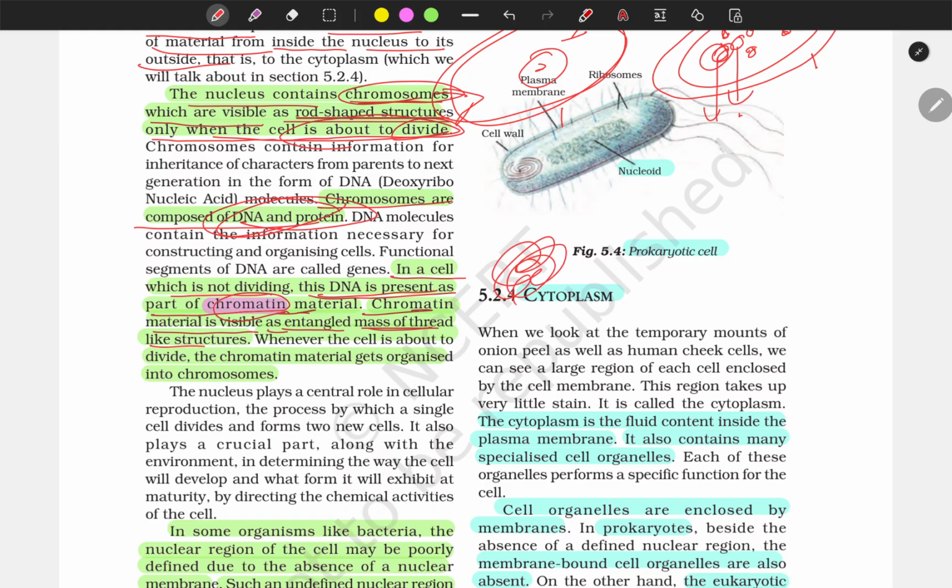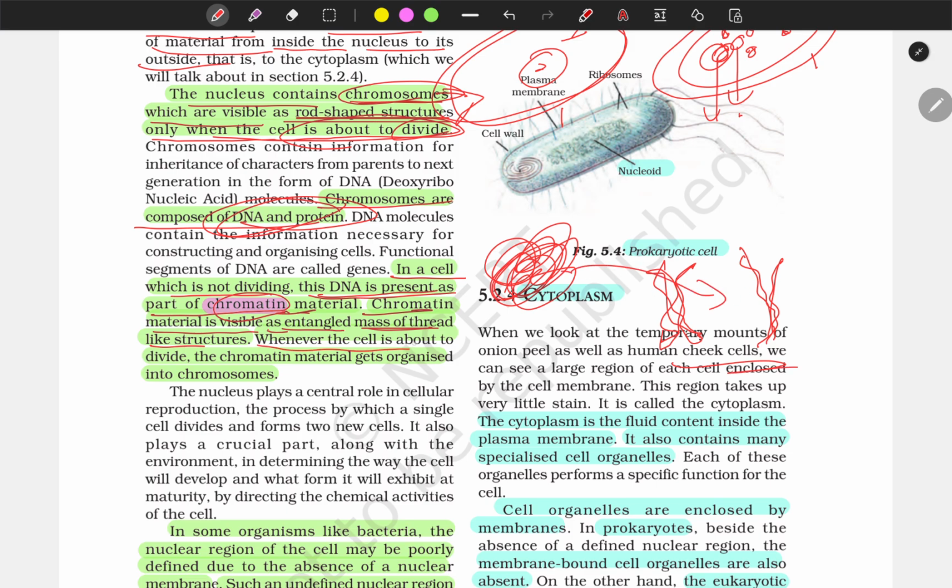So chromatin is just like this, and when the cell divides, it separates. It goes this way, like an X, and forms chromosome shapes. Chromatin converts into chromosomes only at the time of division.